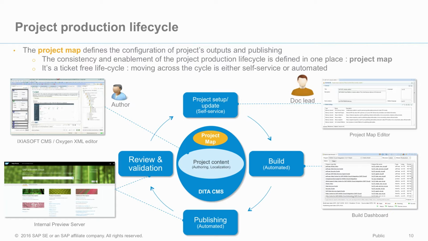What is this about? A project map is a specialized DITA map and includes all the attributes of the project. We define some global settings, like to which delivery channel I would like to publish my outputs, what trans type I would like to use for my outputs, what profiling attributes I would like to use to do some conditional processing, and so on.